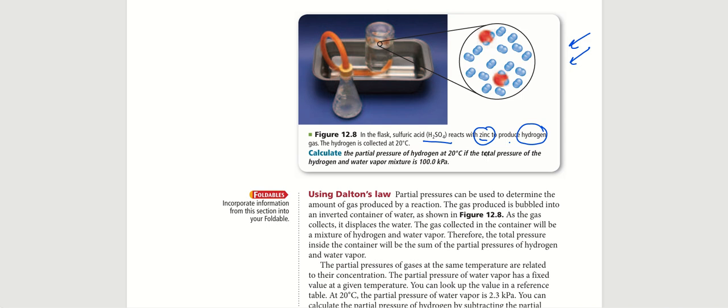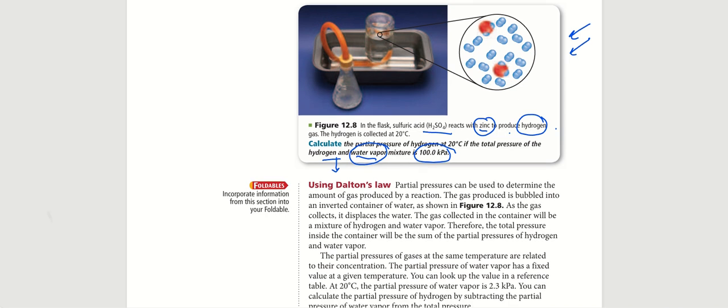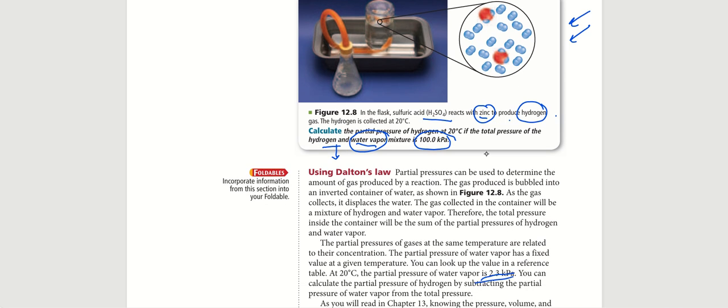So by producing hydrogen, now there is a mixture of hydrogen and water vapor. Okay. Can you calculate the partial pressure of the hydrogen? Of course. Give me the pressure of the water vapor and give me the total pressure, and I will just subtract them easily. Here in the book they said that the water vapor is 2.3 kilopascal.